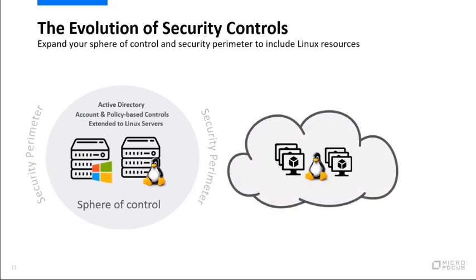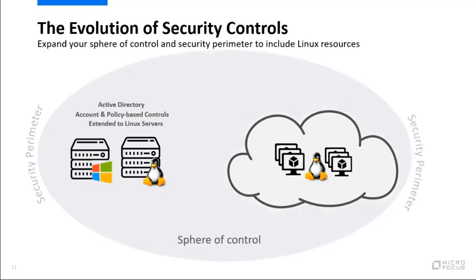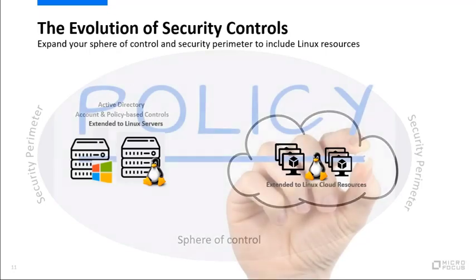But what you really want is something that's going to cover those Linux boxes in the cloud, Unix, Windows, whatever exists out there, so that you can expand your security perimeter and put everything under that sphere of control regardless where it lives. And then you write policy over the whole thing, and you're able to put controls on things that previously you were unable to.